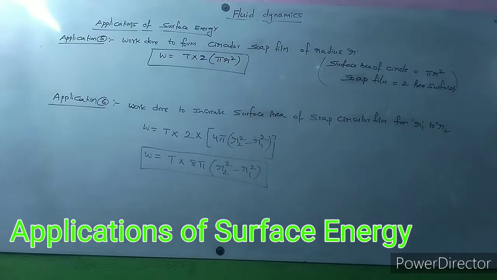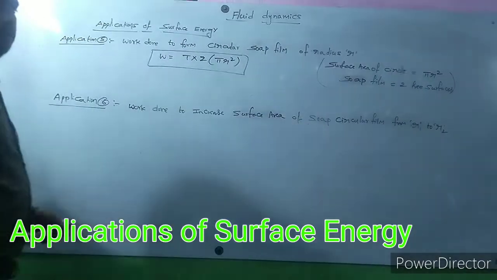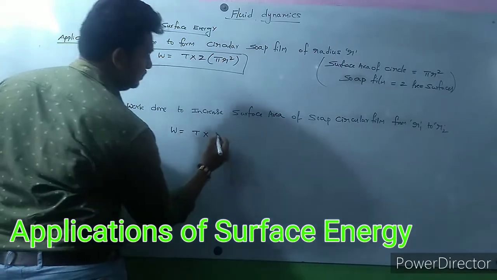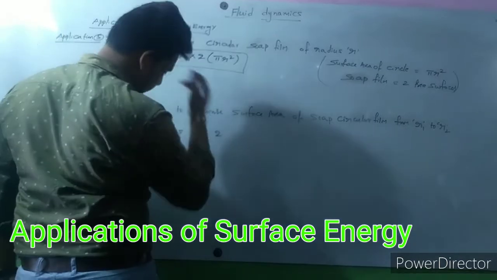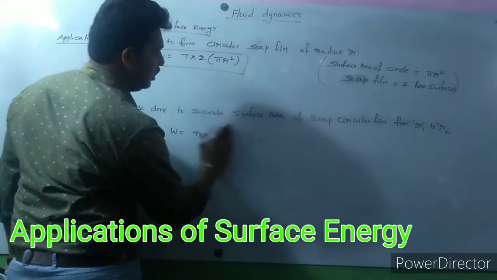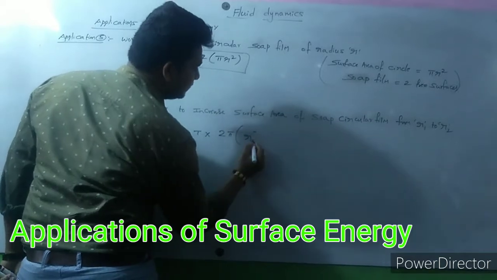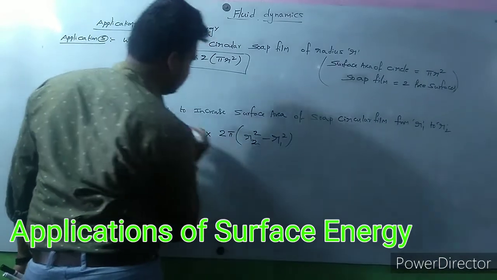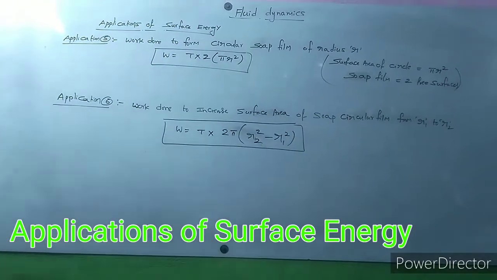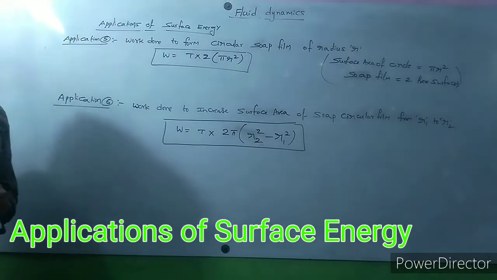What is the formula? Simple here. Work done W is equal to T into 2 pi into R2 square minus R1 square. So this is application number 6, the soap circular film.